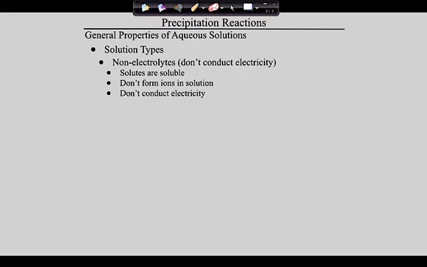Their solutes are soluble, but they don't form ions in solution, and therefore they don't conduct. Understand, water itself does not conduct electricity. When we dissolve things in water, there's the possibility that it could conduct. Get this down and then we'll talk. But understand that if something dissolves in water and doesn't form ions, it will not conduct electricity.